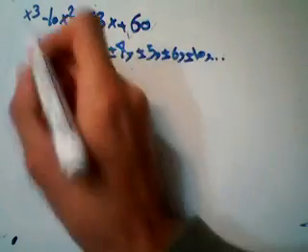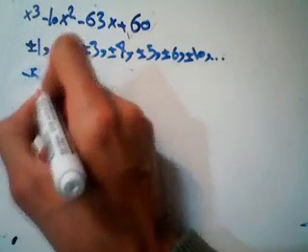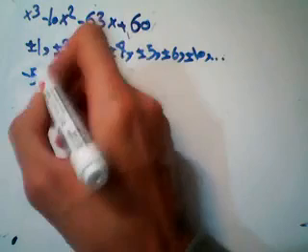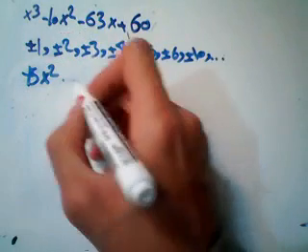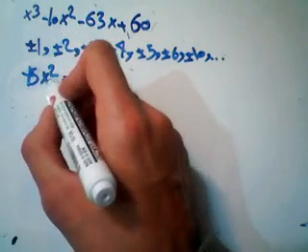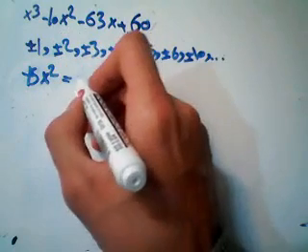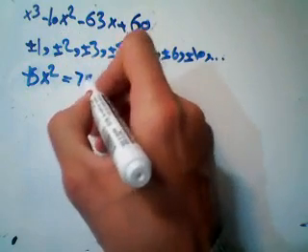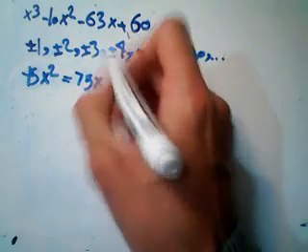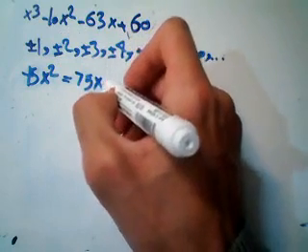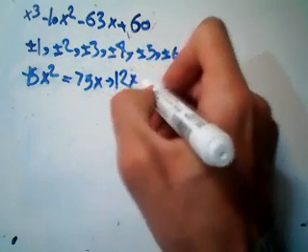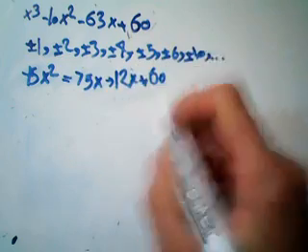How about minus 5? Minus 5 makes it minus 5x squared minus 10x squared, minus 15x squared, and minus 5 times minus 15 is 75x, minus 63x would be 12x plus 60.